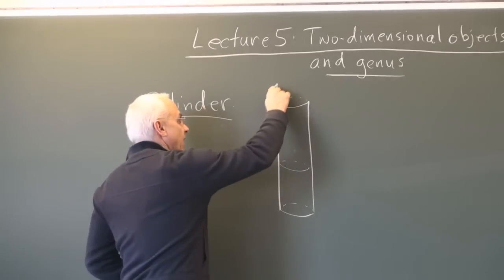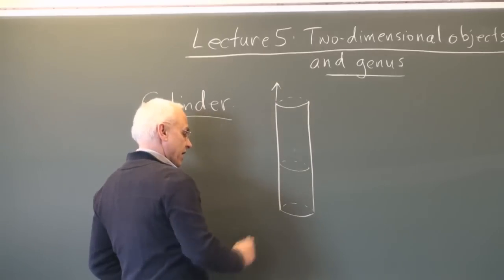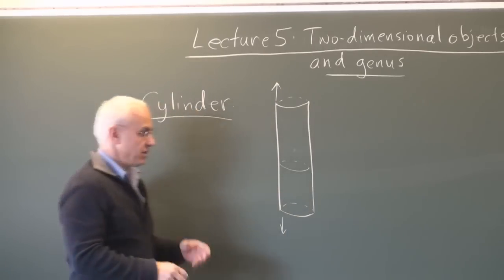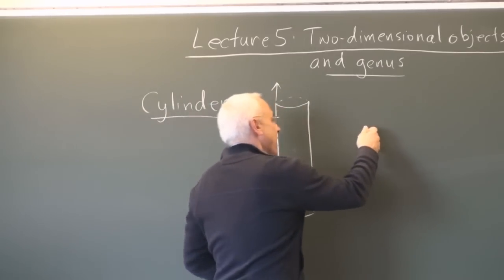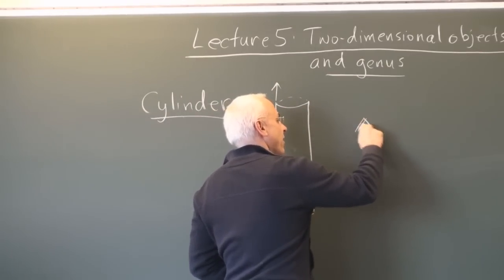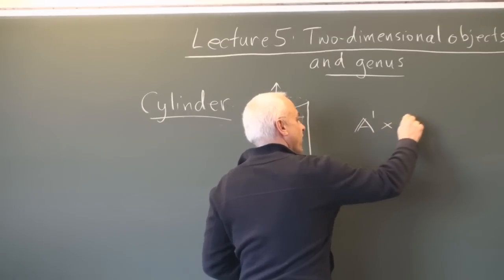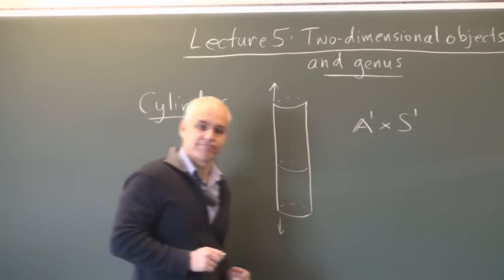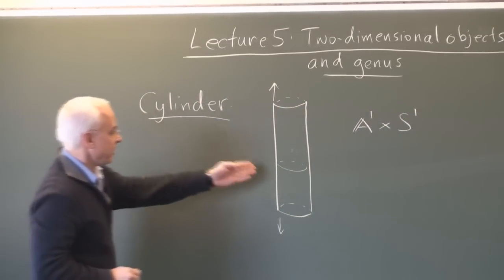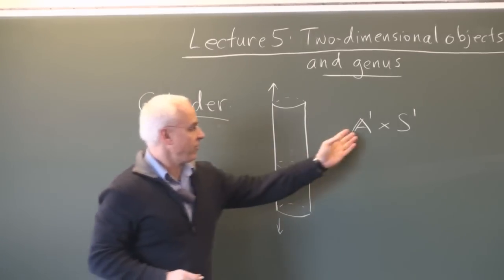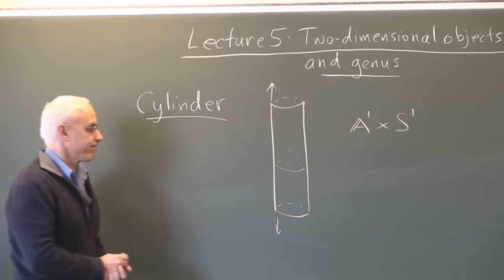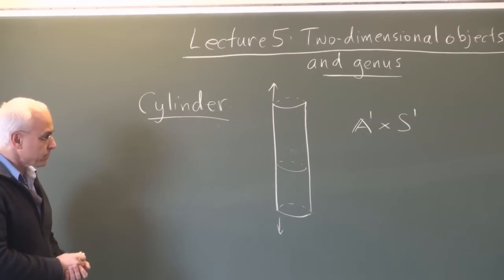And we'll agree that it does go indefinitely up and down. So it's a cylinder which is topologically a line across a circle. There's the line direction, and there's the circle direction, and this is our cylinder. We won't give it a separate name.